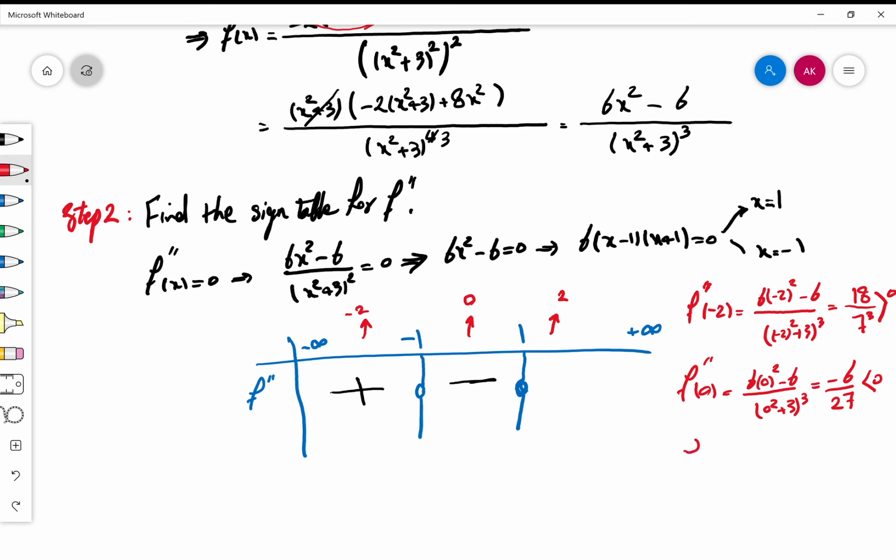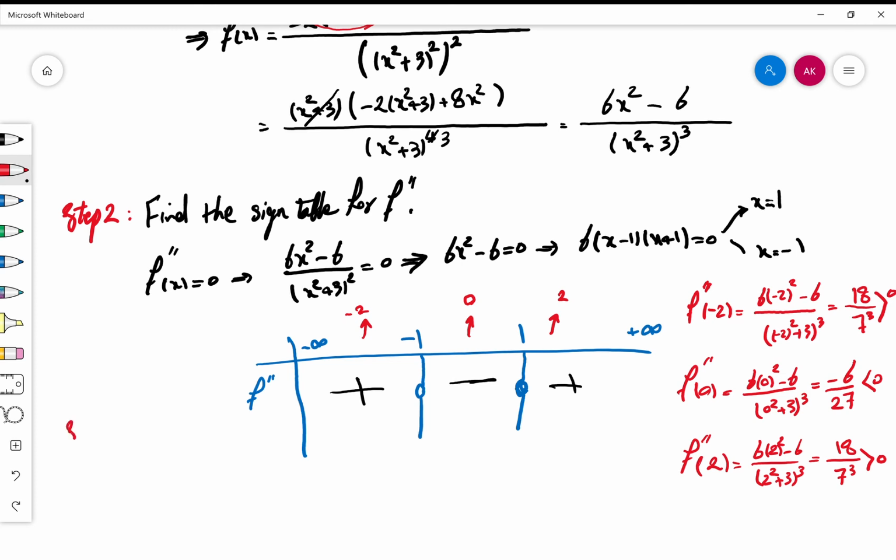And f double prime at 2 is 6 times 2 squared minus 6, over 2 squared plus 3 to the power 3. Again, this is 24 minus 6, which is 18, and in the denominator we have 7 to the power 3. This is again a positive number. So that's the sign table.